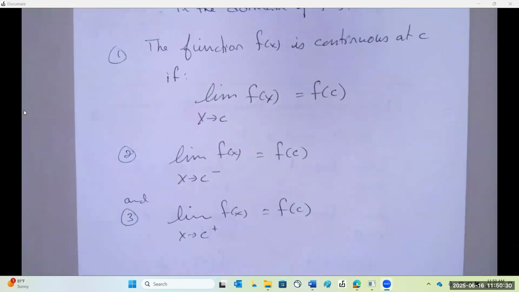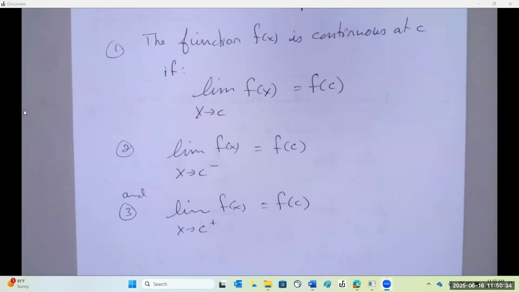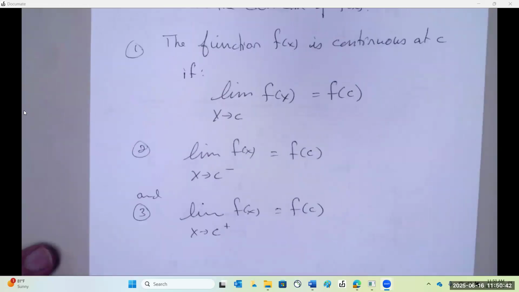So that is what defines continuity. Actually, we could even go one further and say the function f of x is continuous at c if and only if these conditions exist. Because if any one of them does not exist, it's not continuous. There's some sort of issue with it.